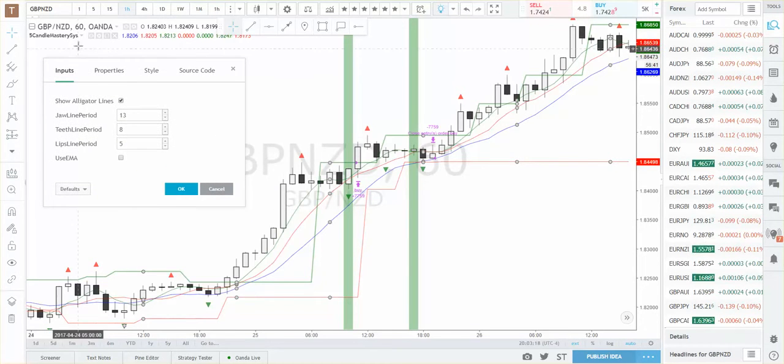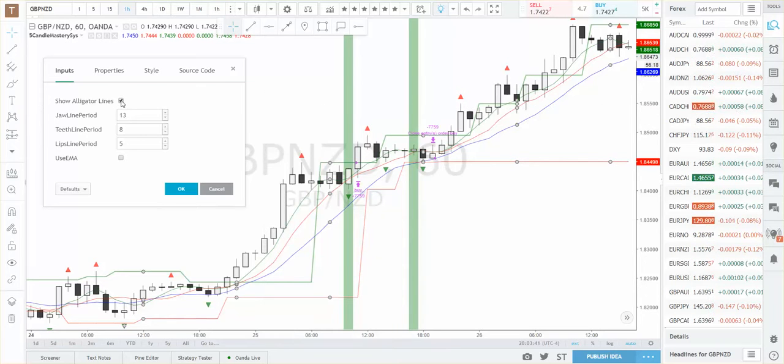For some reason, when I had both of them on there, it wasn't working correctly. You only want to have one of them on a screen. So you're either going to use the 5 candle mastery system or the 5 candle mastery indicator. In this case, I'll be demoing the 5 candle mastery system.